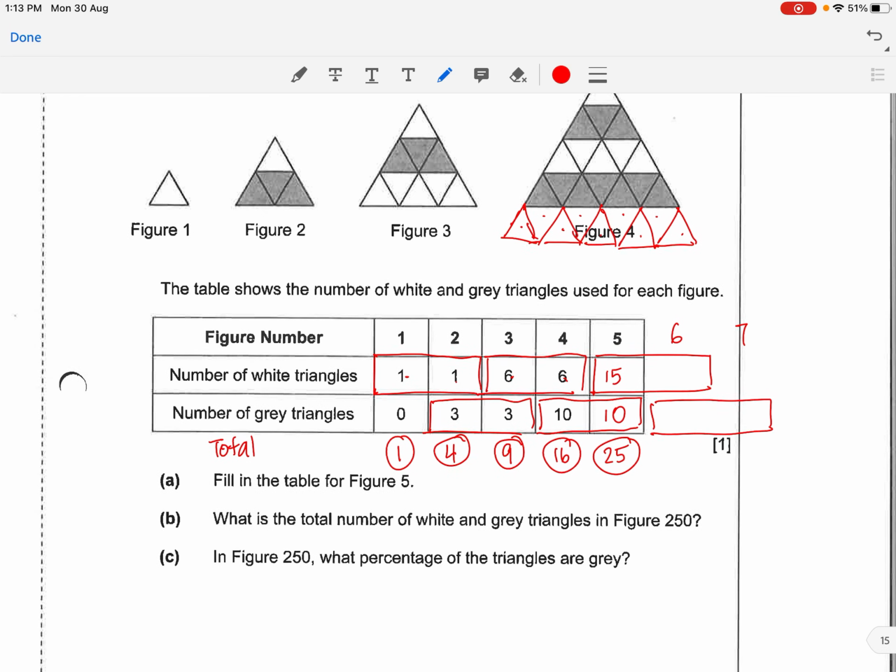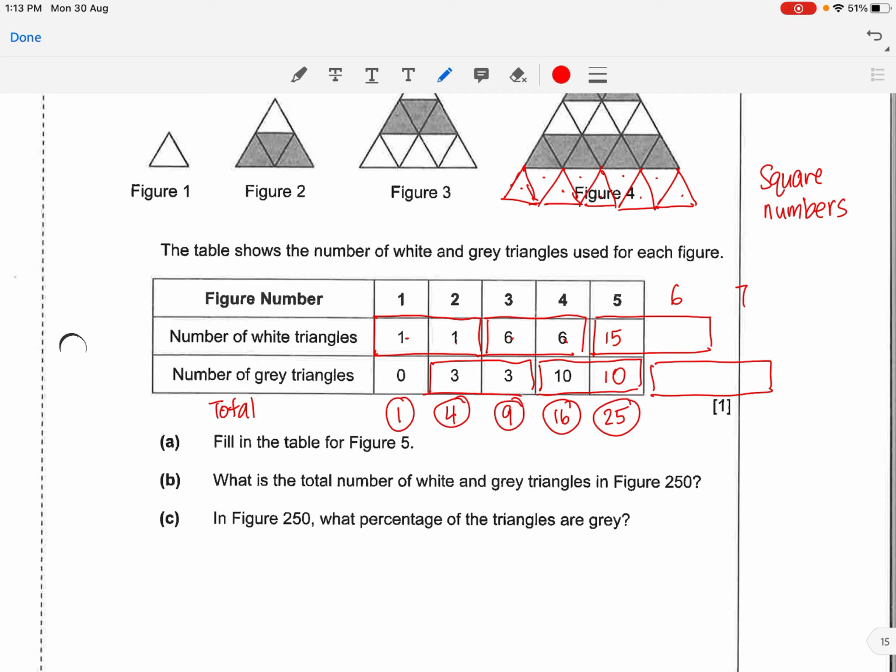Do you see any familiarity in these numbers? By now, you should be able to recognize these numbers as special. There is a special group of numbers called square numbers. You should be able to know this by now. The ones that I've been asking you to memorize, not just square numbers, but cube numbers. All right. So what is the total number of white and grey triangles in figure 250?